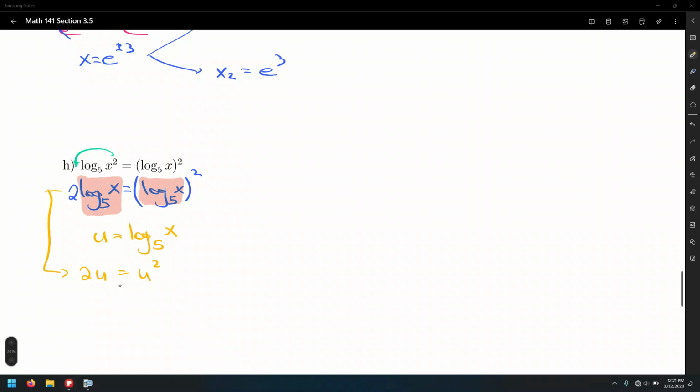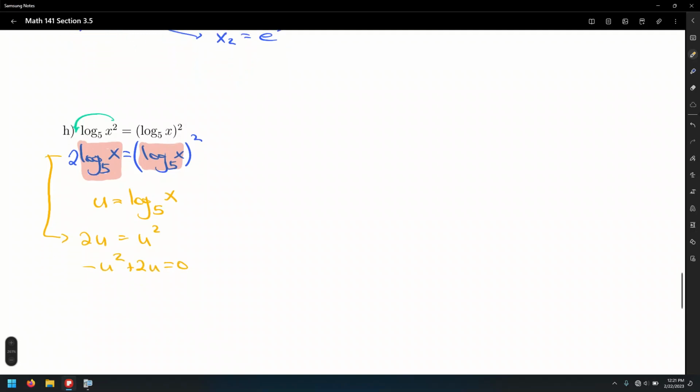That's the same as saying negative u squared plus 2u equals 0. But when it comes to quadratic equations, you might want to have your leading term be positive. So divide both sides by -1. There's no real change to the right-hand side, because 0 divided by any number is still 0.